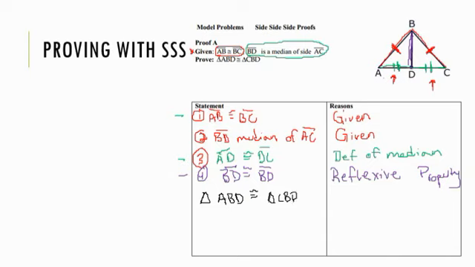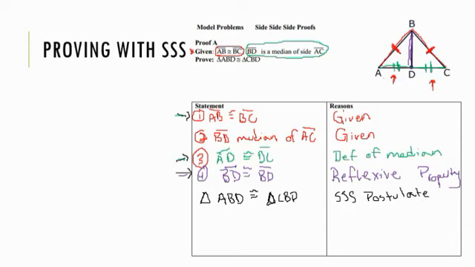And why can I say it's congruent? Well, because of number 1, number 3, and number 4, I can use the side-side-side postulate. The triangles are in fact congruent.